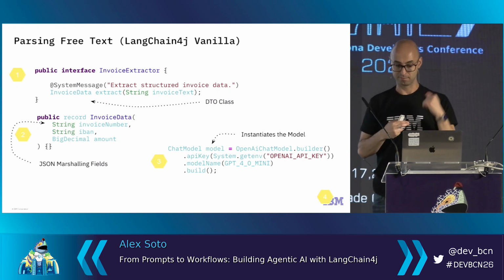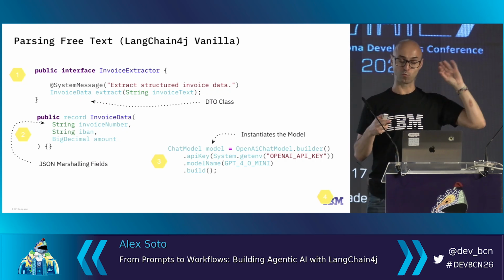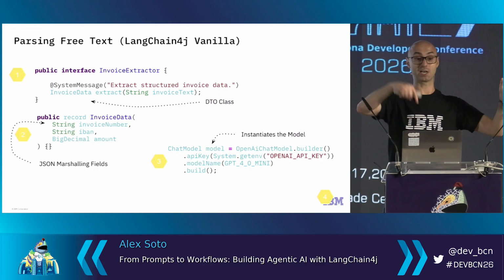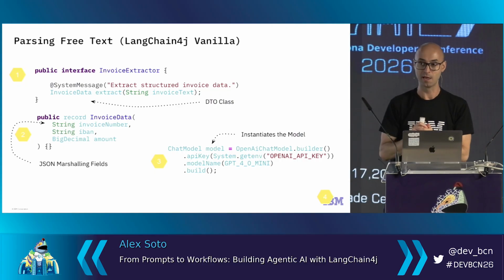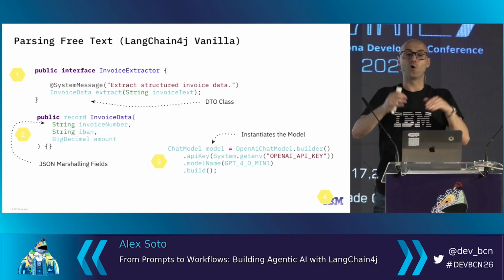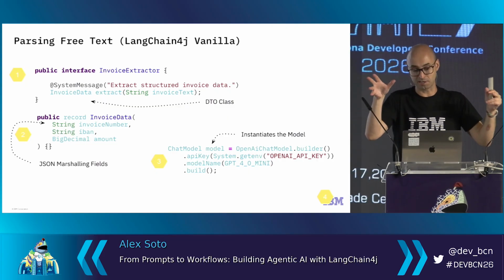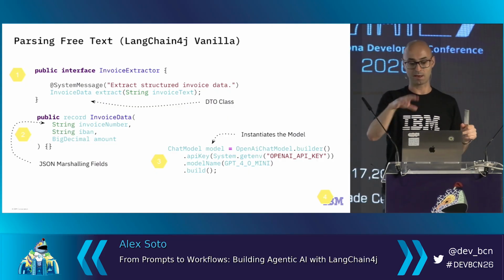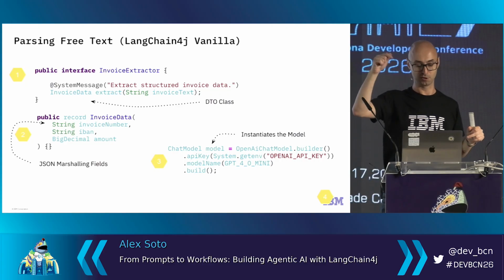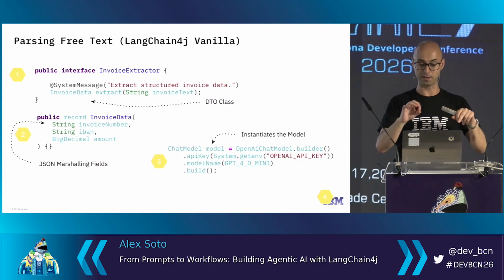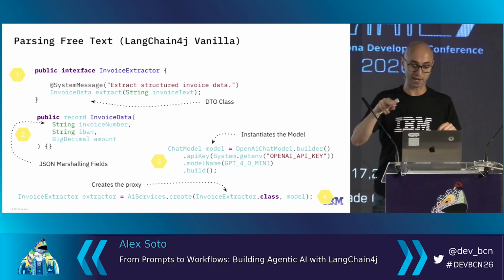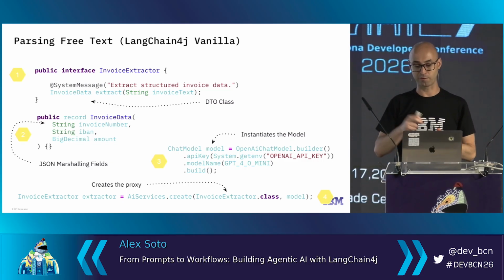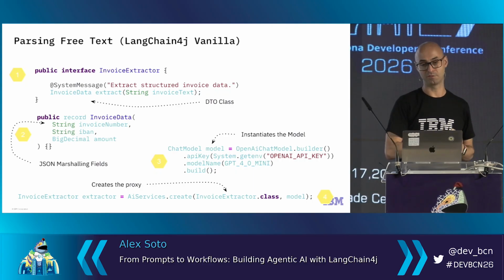Then, of course, you need to create the chat model. Remember that with Quarkus, we just injected the chat model and it worked. Magically, Quarkus takes everything and configures the objects. In the case of vanilla Java, there is no CDI container, so you need to do it manually. You do OpenAI chat model builder, you put the OpenAI key and the model name, and then you just do AiServices.create, set the interface, put the model, and you get it running.